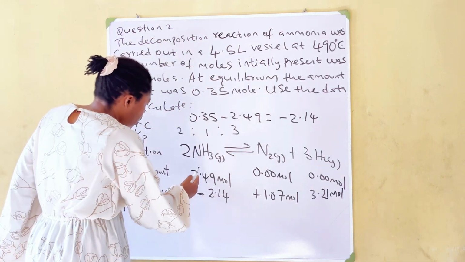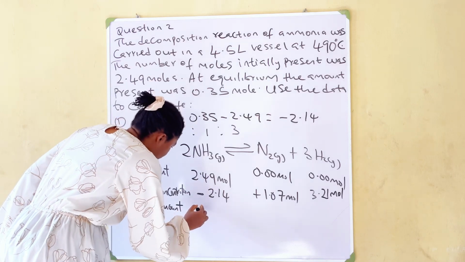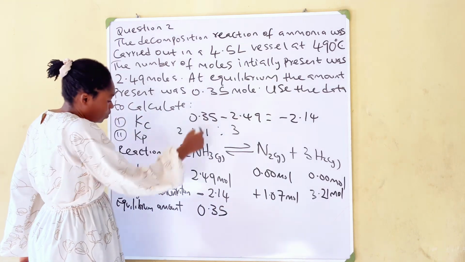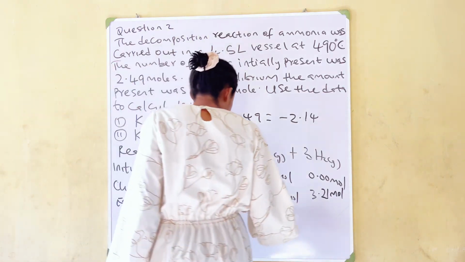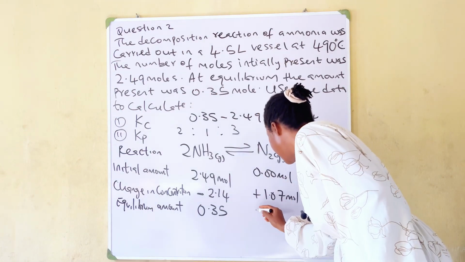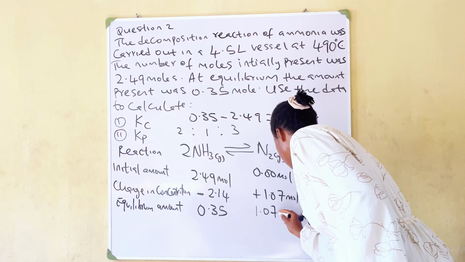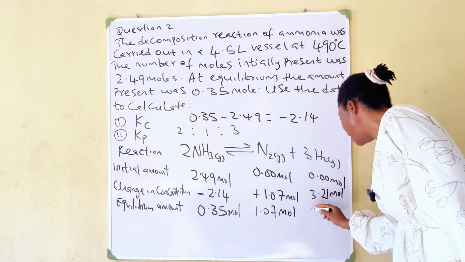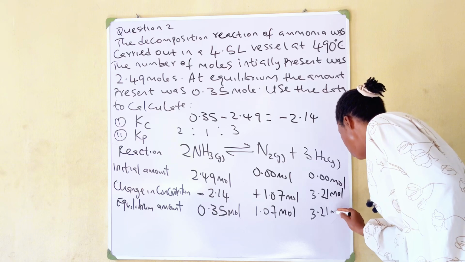So this minus this, equilibrium amount will have 0.35. Of course, that's one in the equation here. So 0.35. If I add this together, I'll have 1.07 mole. This one is also mole. If I add this together, 3.21 mole.